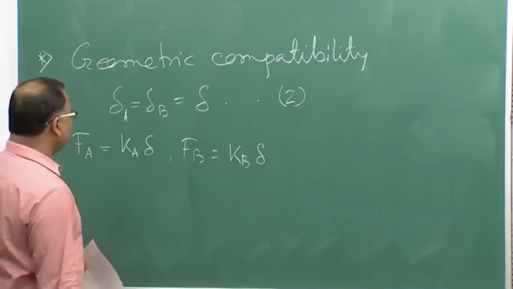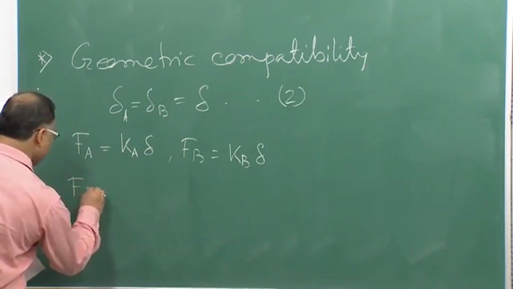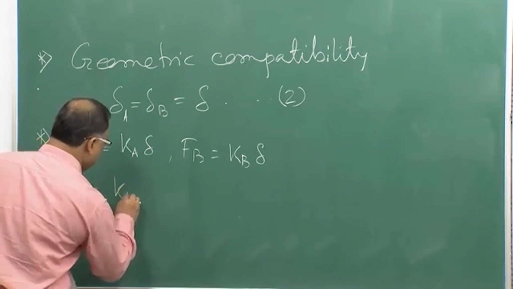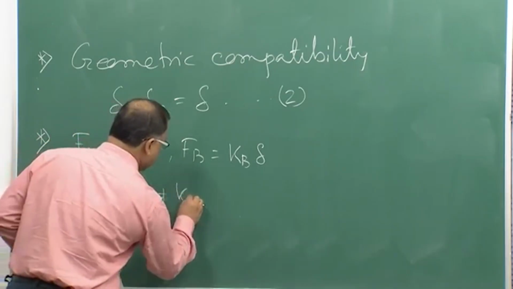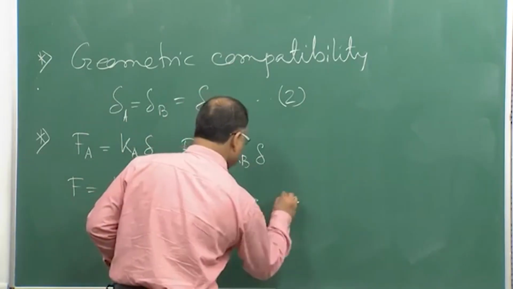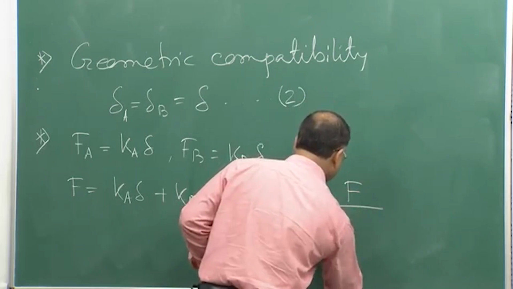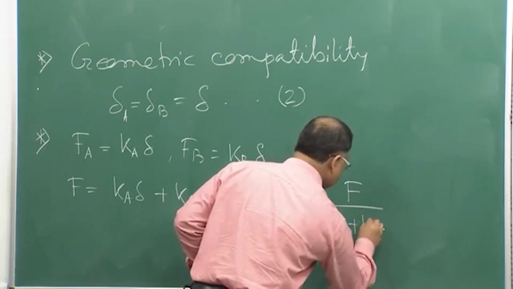Now, putting this in equation 1, I get F equal to K A delta plus K B delta, from which I can simply write delta equal to F by K A plus K B, right.